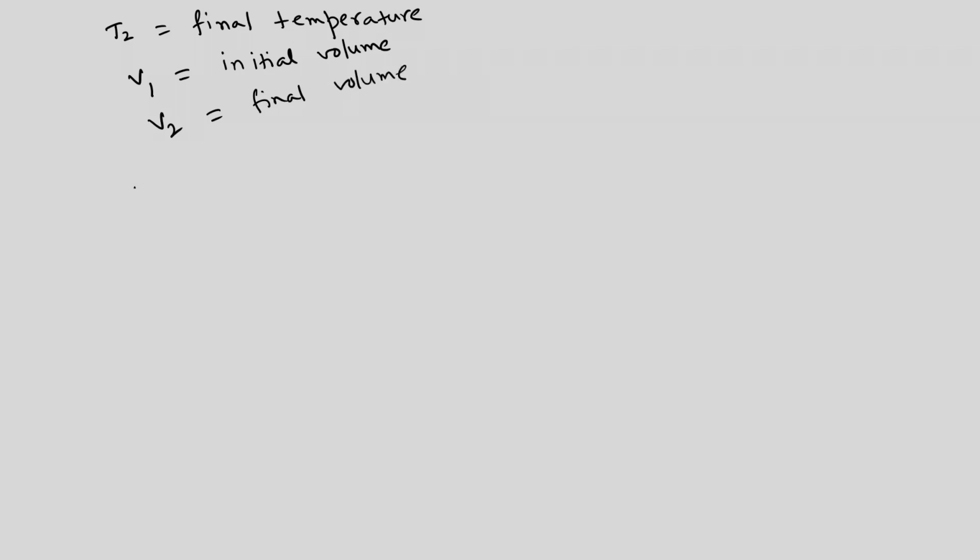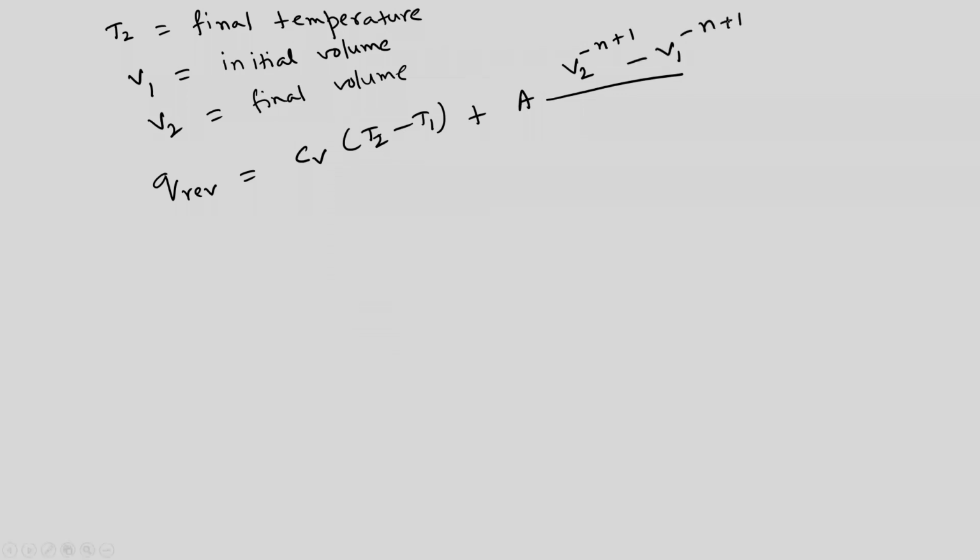So, from above, we get Q reversible is Cv times T2 minus T1 plus A times V2 to the minus n plus 1 minus V1 to the minus n plus 1 by minus n plus 1.